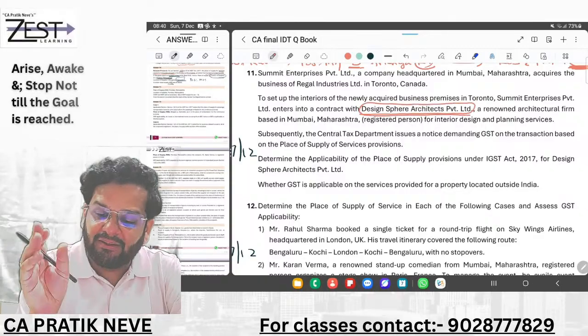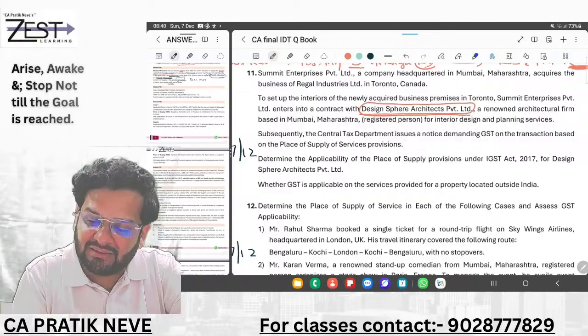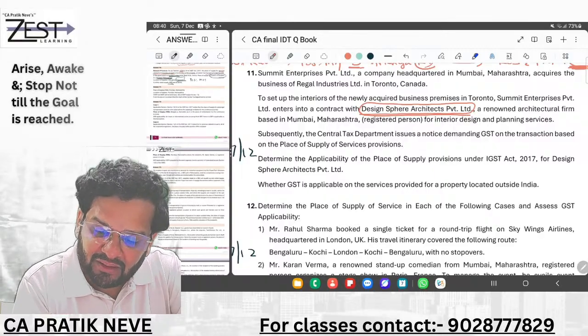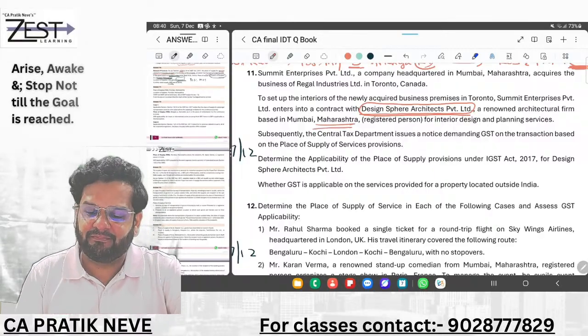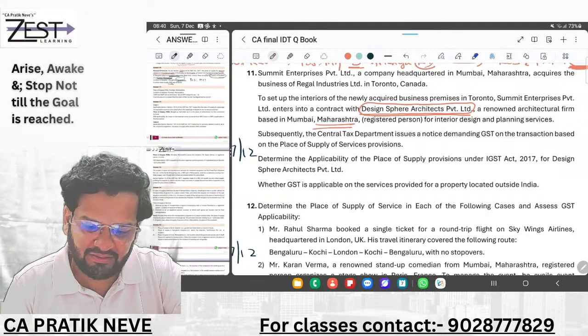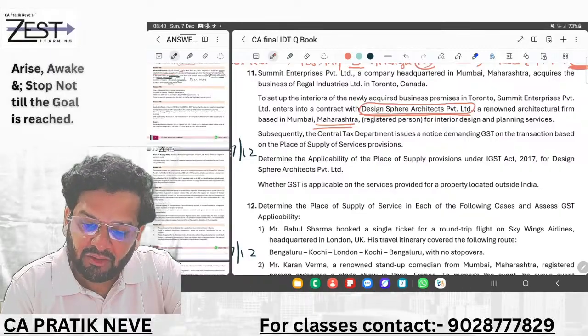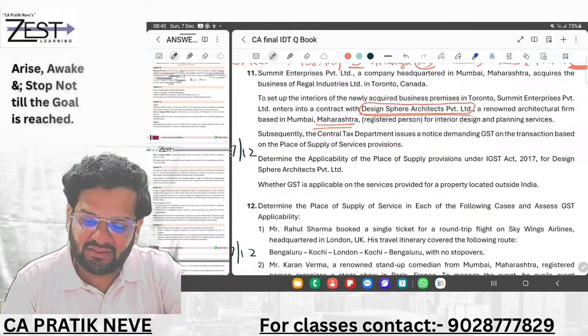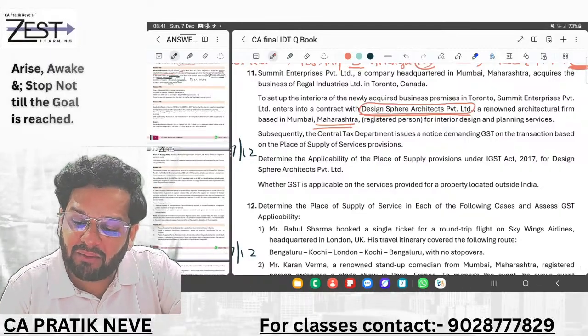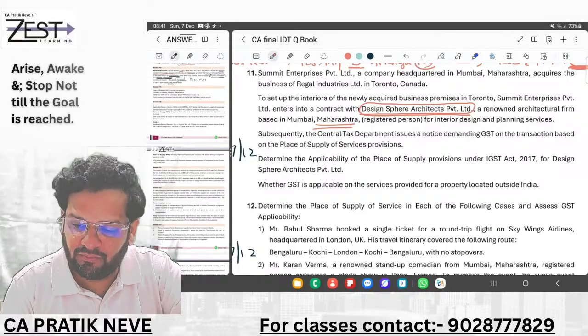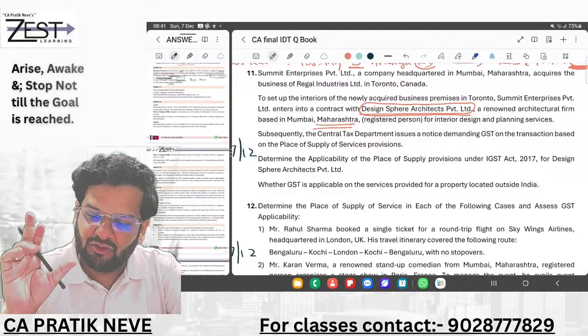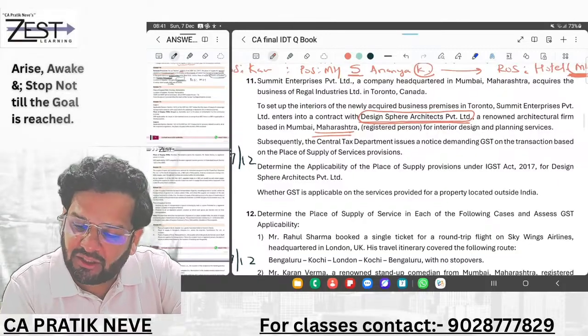So friends, Design Sphere Architects Private Limited is in Maharashtra. To set up interiors of newly acquired business premises in Toronto, Sumit Enterprises, see Sumit Enterprises is of Mumbai.